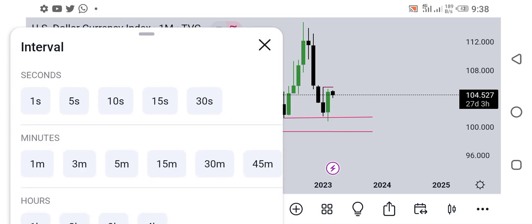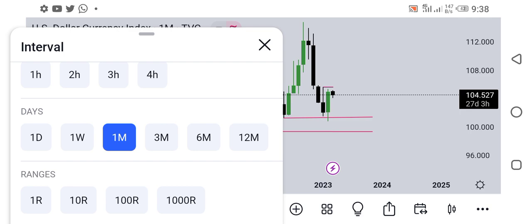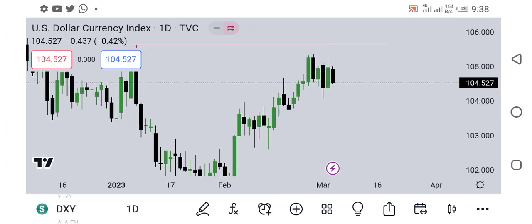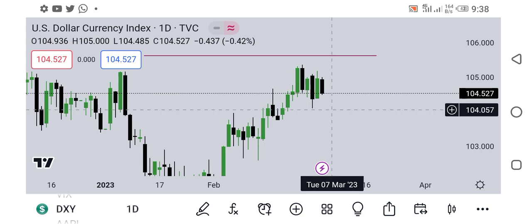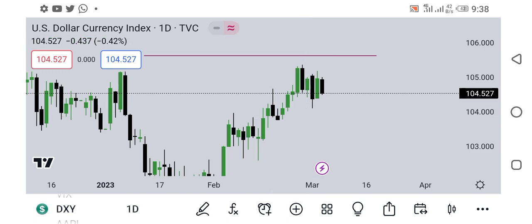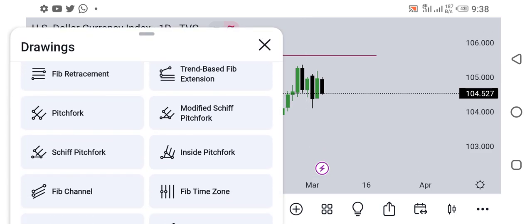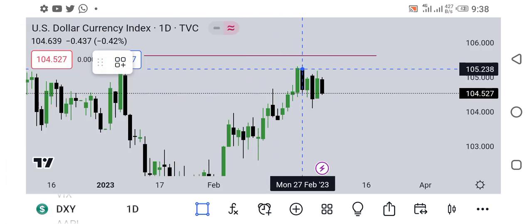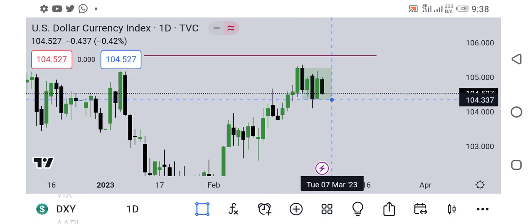But last week was quite a consolidation. This is the price action last week. The last candle here is Friday. The ones that follow are Thursday, Wednesday, Tuesday, Monday. So you see that last week was more of a consolidation, but the movement is not that great.